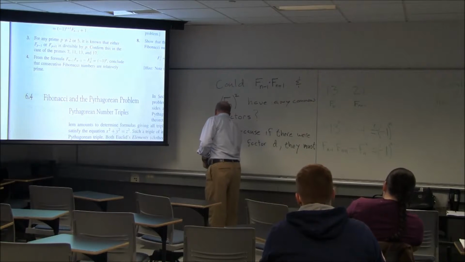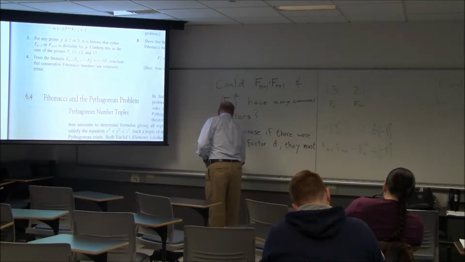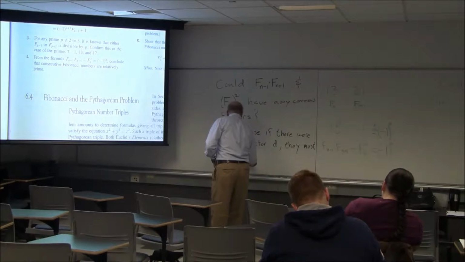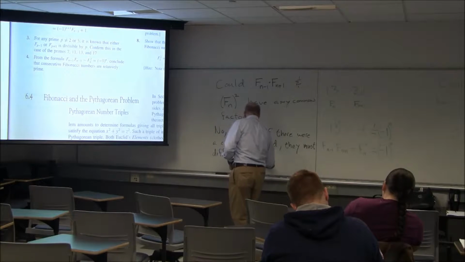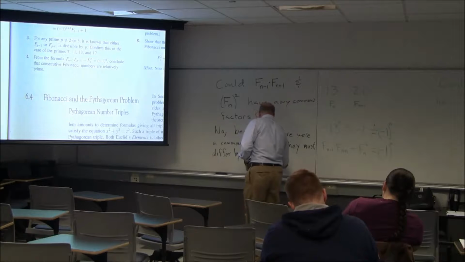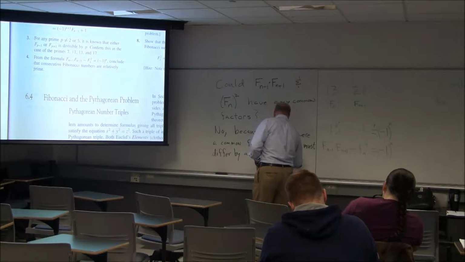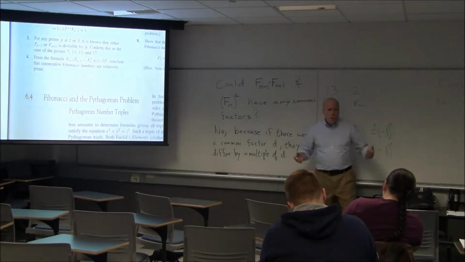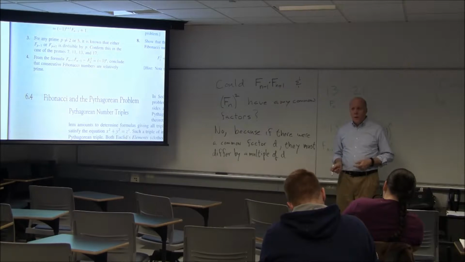A quick way to say it is this: they must differ by a multiple of d. And that's an immediate contradiction because they differ by 1.